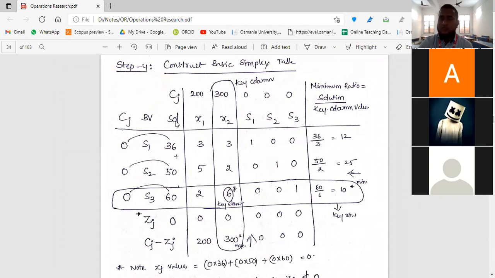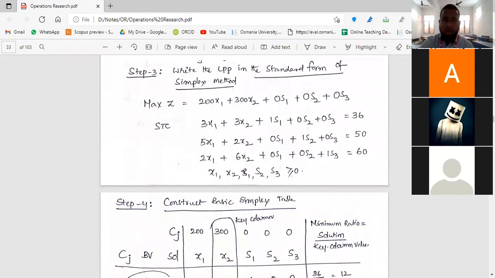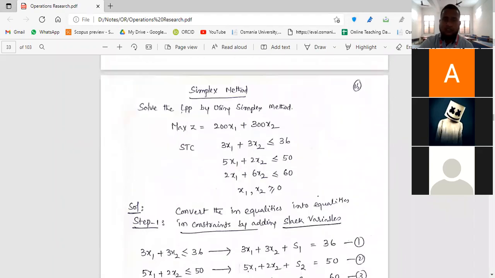Cj, solution. I have not written it totally. SOL means solution. Basic variable and then Cj. Cj means contribution to the objective function. Objective function here, I will explain. This is the problem, no?